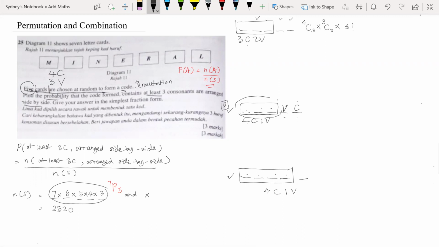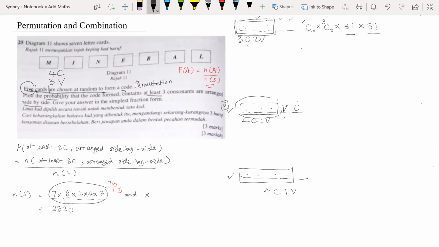And then inside this group, because they have to be together, they must be in a group. And within them, they have 3, they can arrange among themselves, so we have 3 factorial. For this, you just need to remember, we arrange externally, followed by arranging internally for the items that need to be arranged side by side.